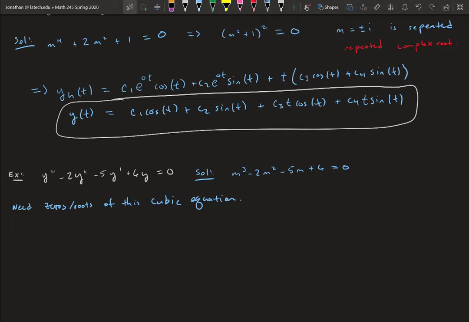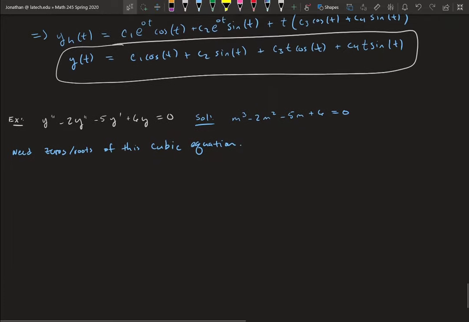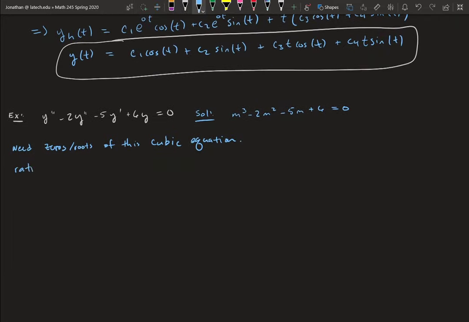We do the rational zeros theorem. And that's basically where we check all the rational quotients of the constant divided by the leading coefficient.